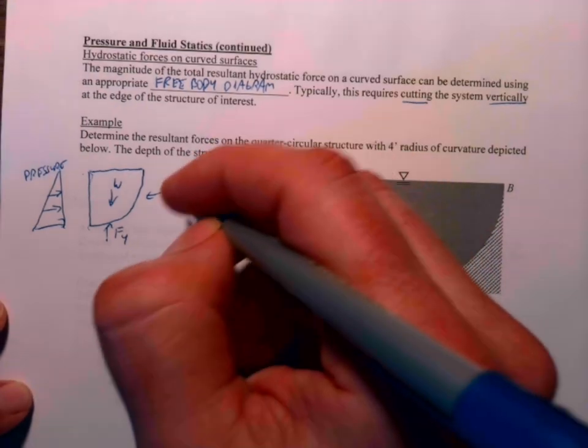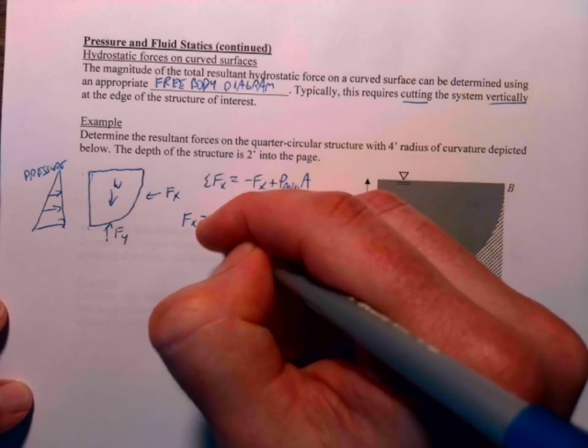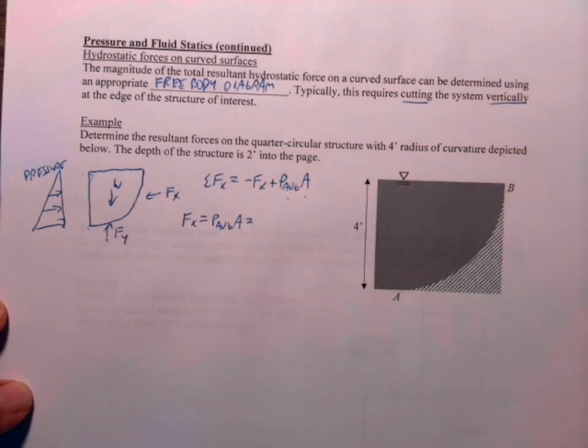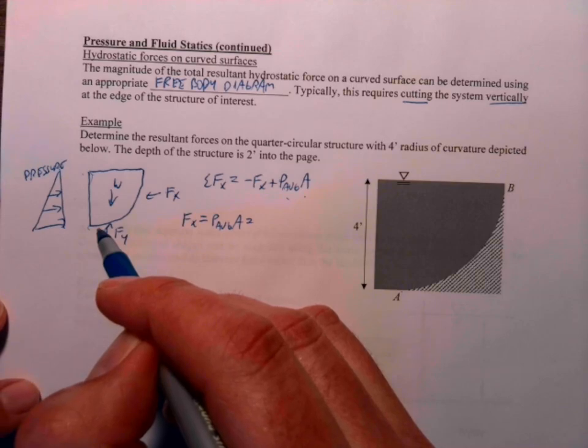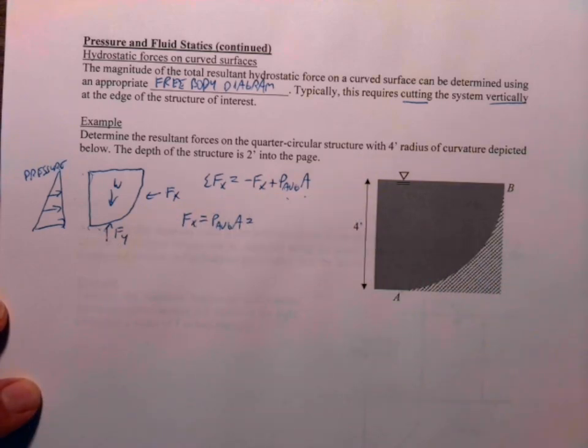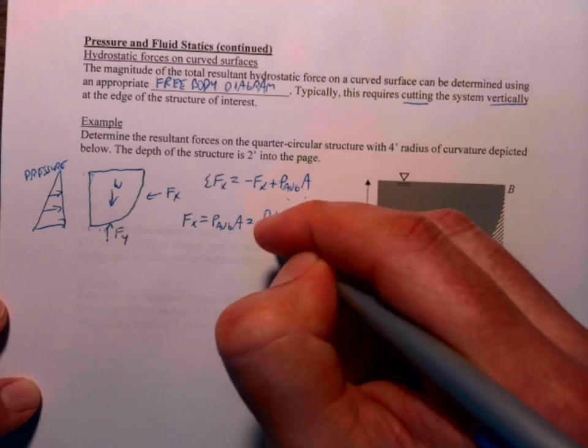And so we can then say that Fx needs to be equal to P average times A, and P average is just going to be 0 at the top, and then at the bottom it's going to be the depth here of 4 feet times the specific weight of water. So it's 0 plus 4 feet over 2.